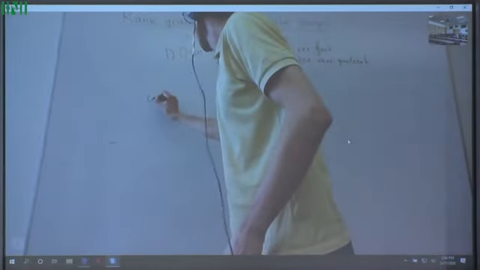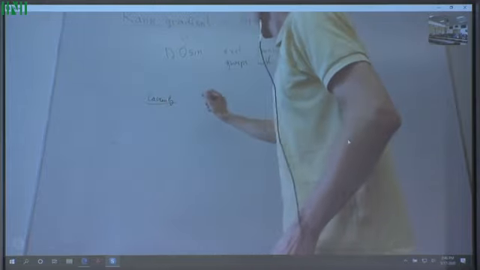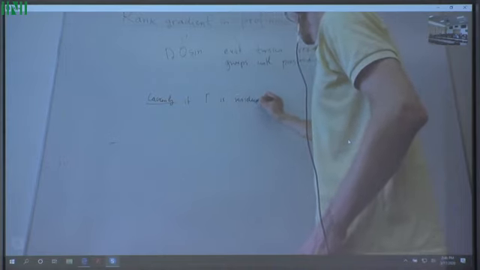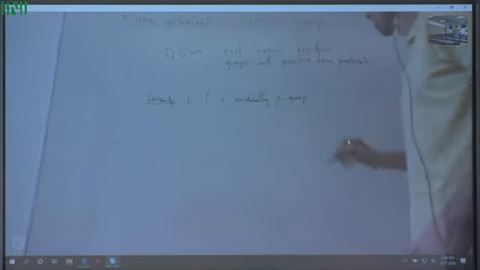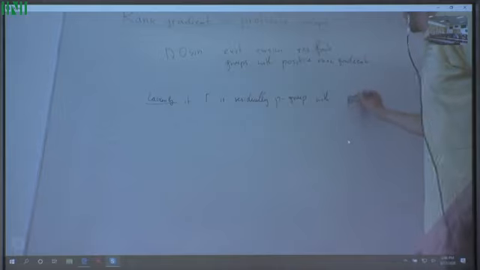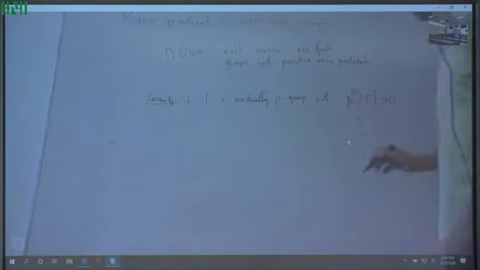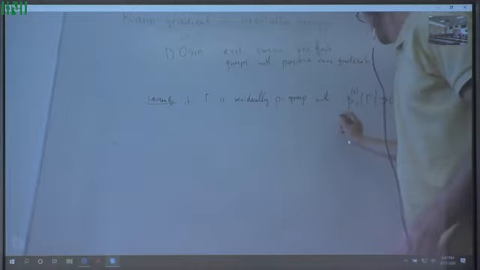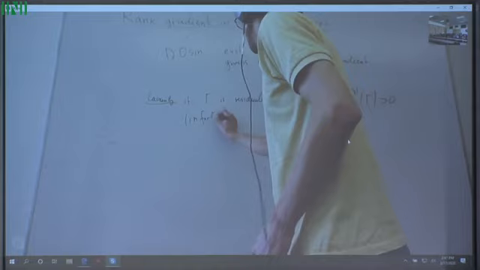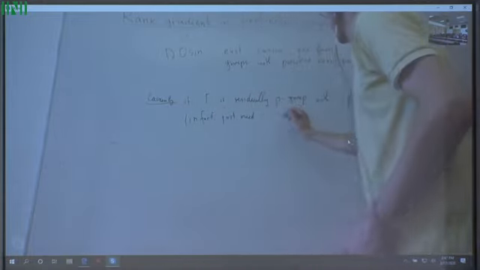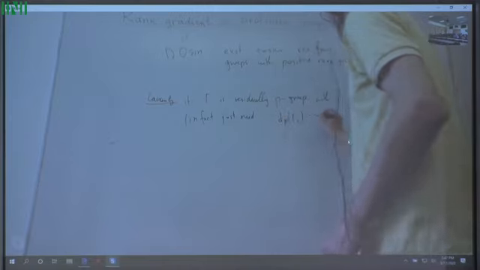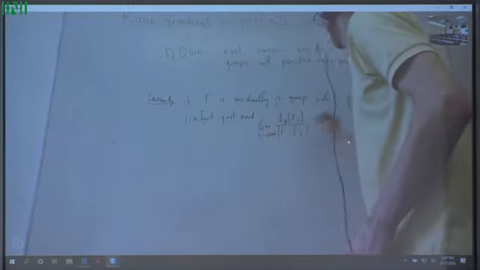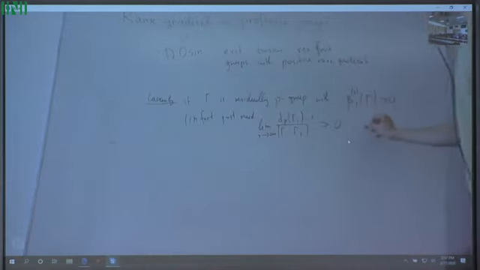Here I should mention the result by Lackenby, which shows that if gamma is a residually p group with positive L2 beta number — in fact, in his proof, he only uses the fact that d_p(gamma_i) grows linearly, so that the limit of d_p(gamma_i) over the index of gamma_i is positive, where gamma_i is the Frattini series.